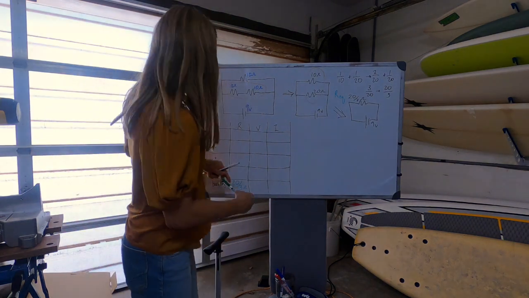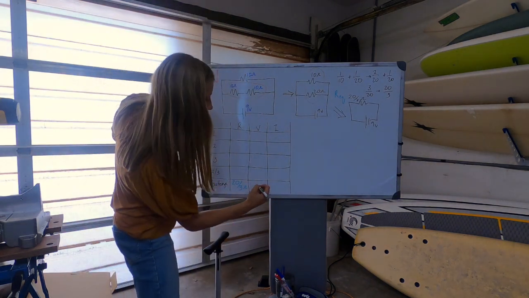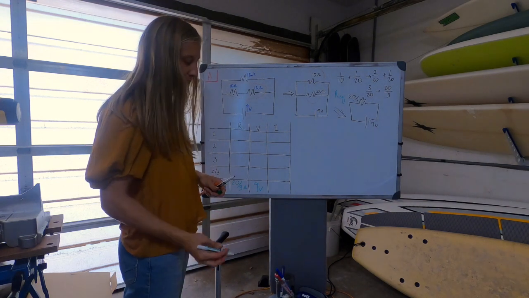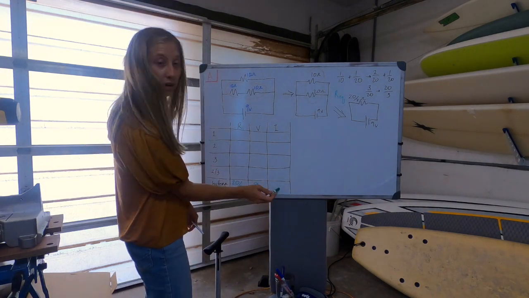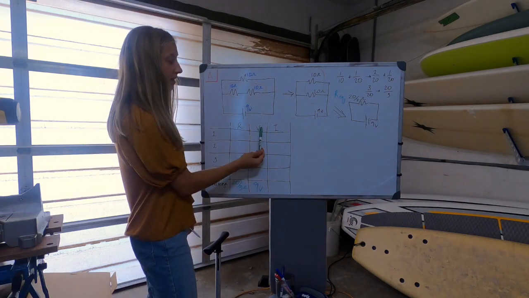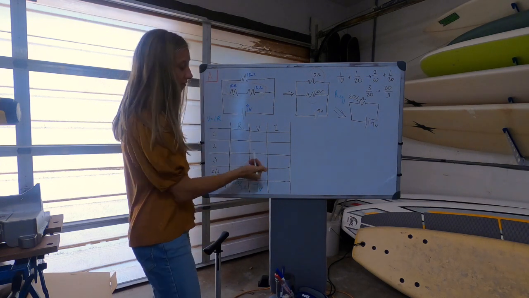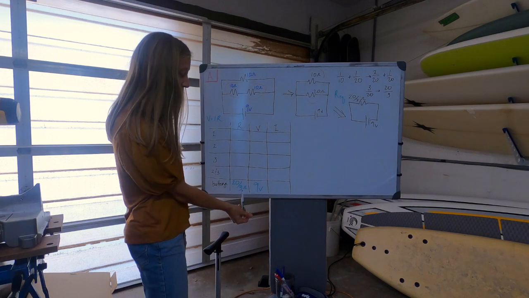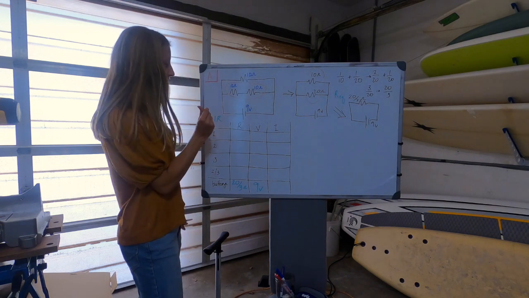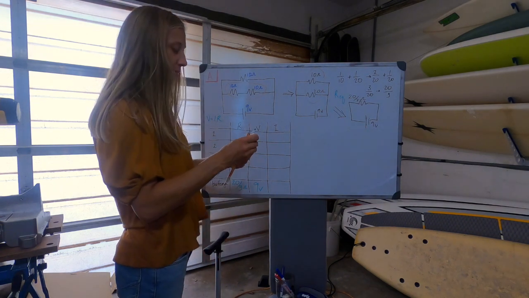One thing that we already know is the voltage of the battery is 9 volts. Okay, now we can figure this one out. Remember, V equals IR. So for every single row, if you know 2 of them, you can find the third with Ohm's law. So let's do that.